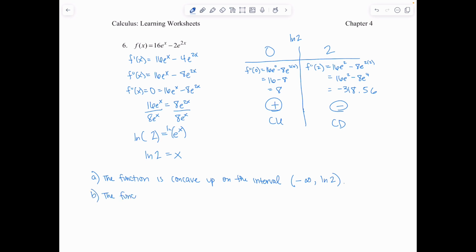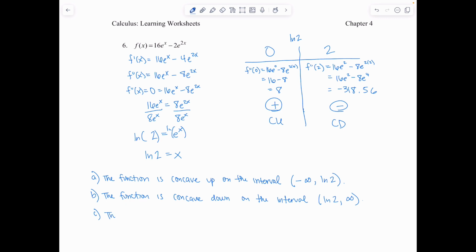The function is concave down from natural log of 2 to positive infinity.